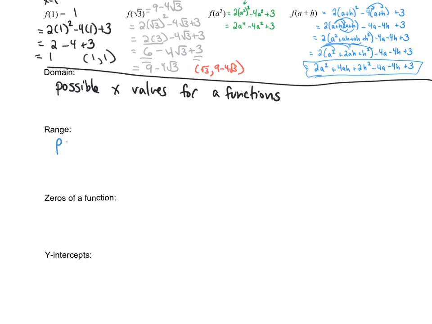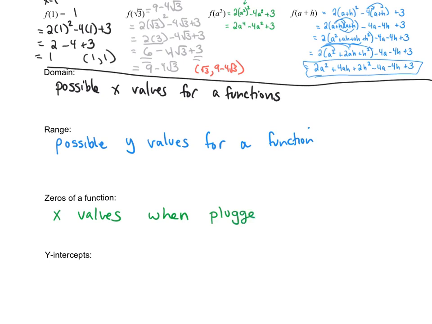The range is going to be possible y values. So what are the possible functional values for a function? Thirdly, we have zeros. Zeros are going to be x values that when plugged in give 0. So you plug a number into a function and it gives you 0.